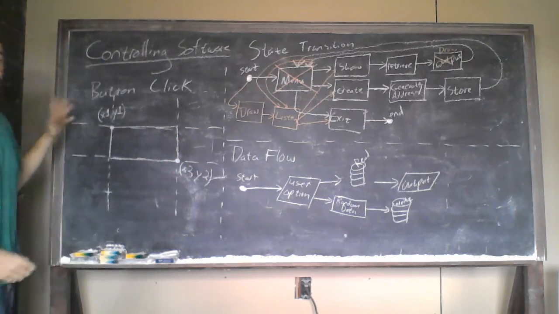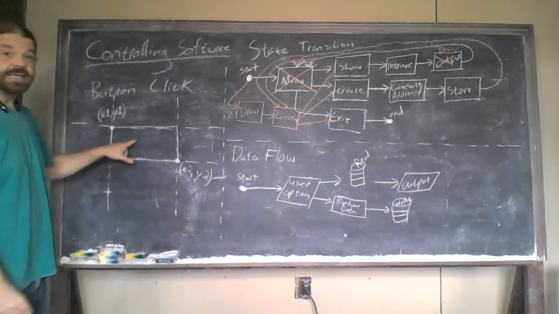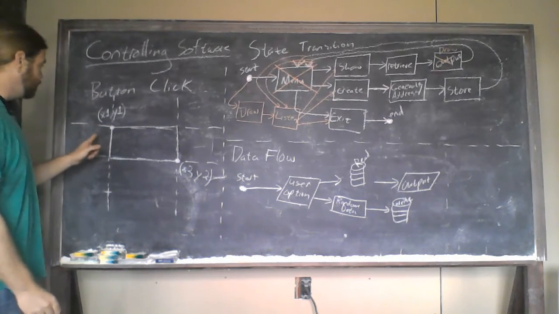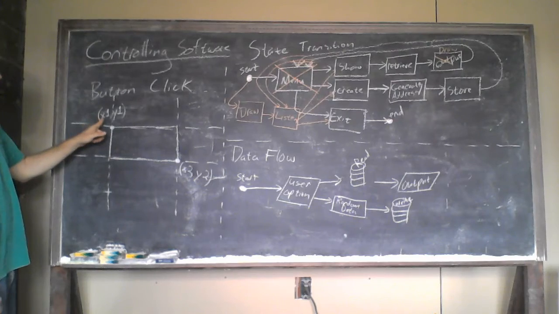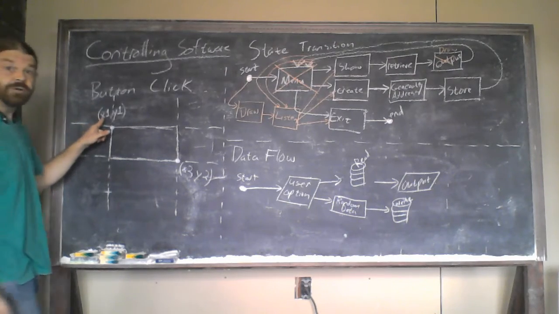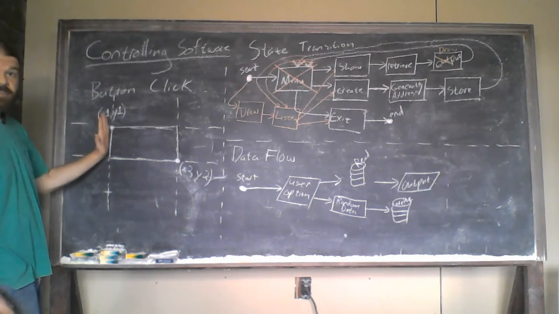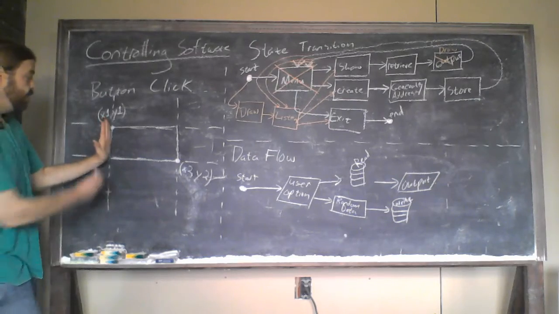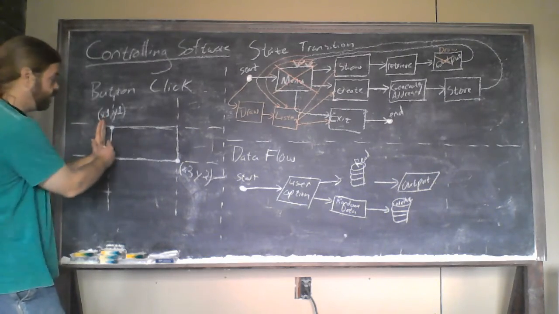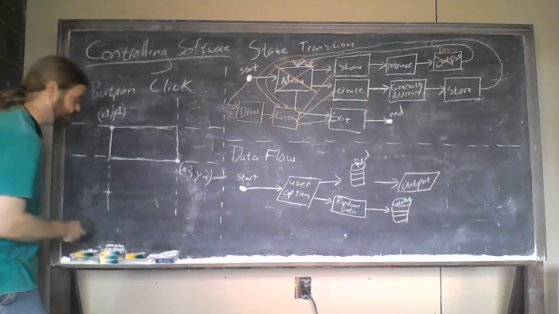So we can use those 4 points to tell if we're inside of this. Well, first thing we'll check is if we're bigger than x1. That means we're to the right of the left edge of the button.